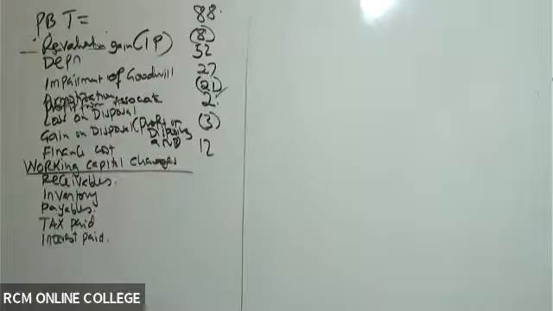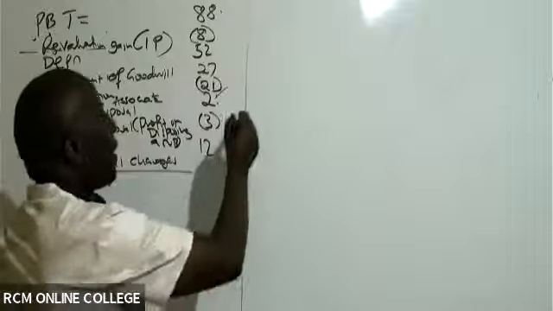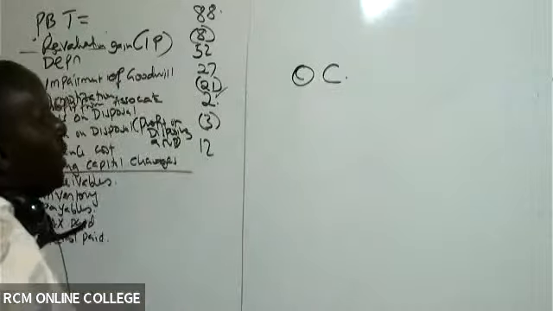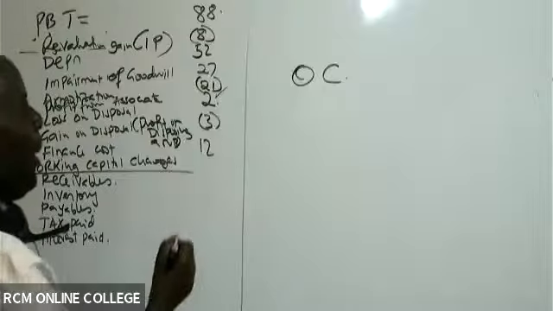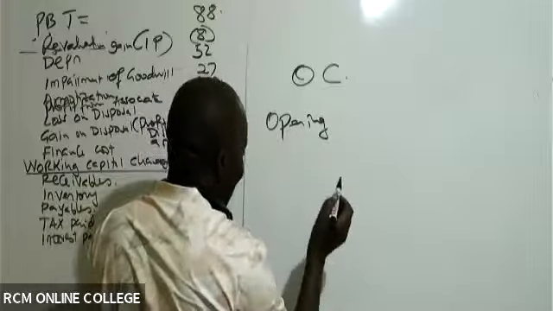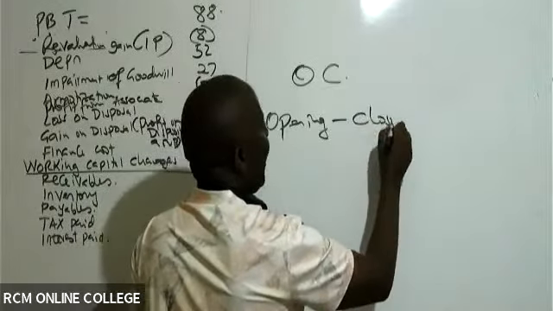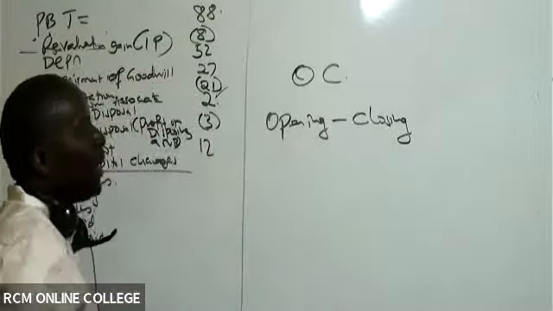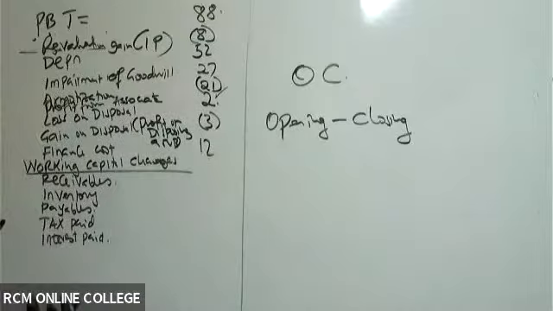Under working capital changes, we normally use the acronym OC. It is opening minus closing. Anytime you have working capital changes, opening minus closing.